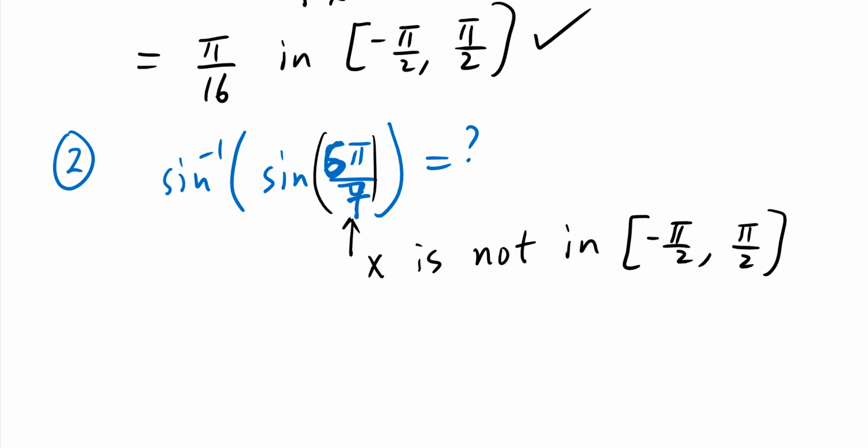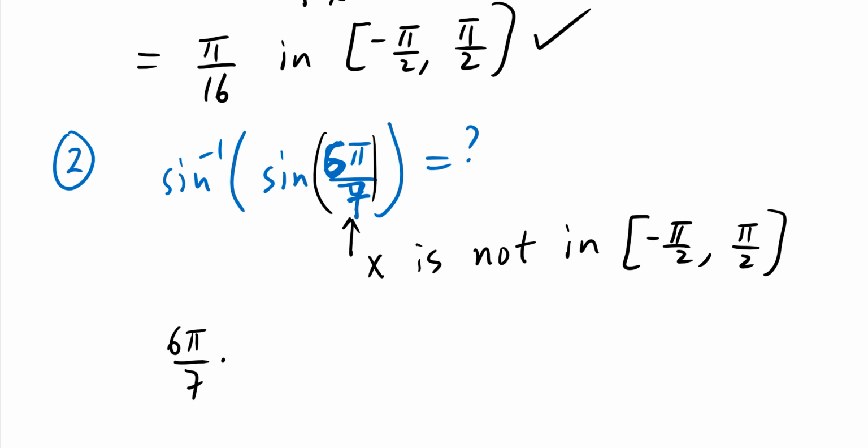So now, is 6 pi over 7 in that interval? How can we tell if it's from -pi/2 to pi/2? There are many ways to do this. One way is to convert the 6 pi over 7 into degrees and see what you get. Or you can say it's not exactly 7 pi over 7, which is pi, but a little bit below pi.